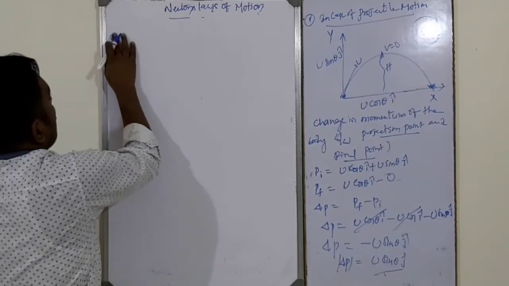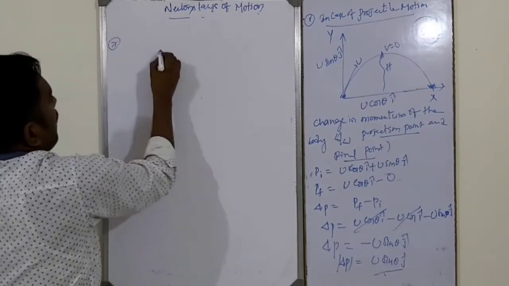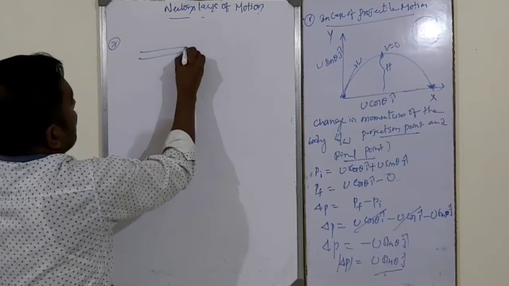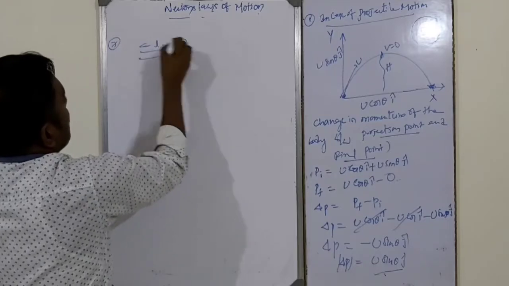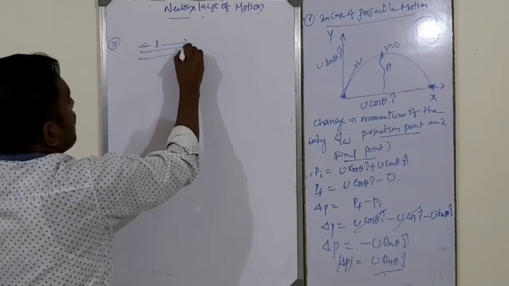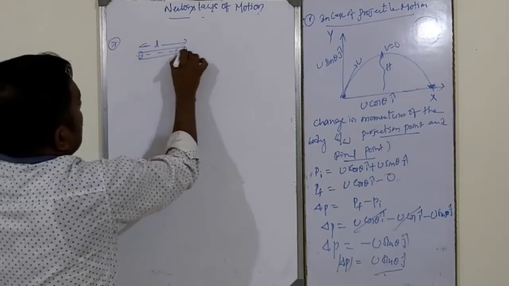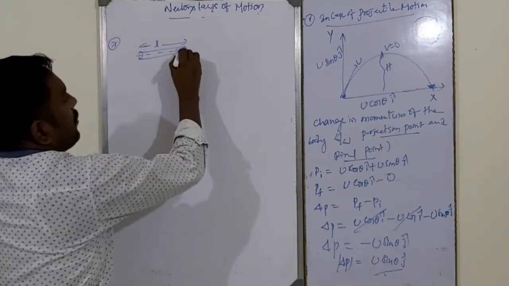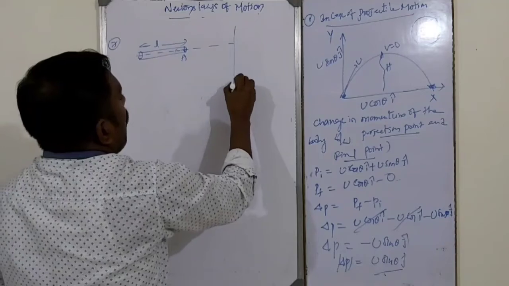So consider a small pipe of length L. Let A be the area of cross section of the pipe. Water is passing through the pipe and finally incident on the wall.